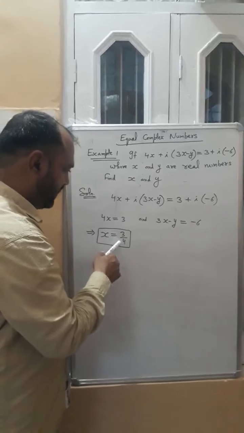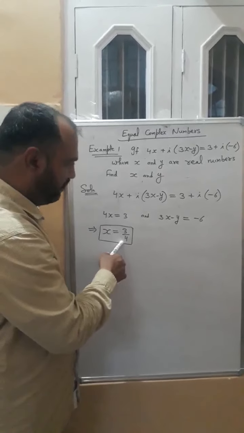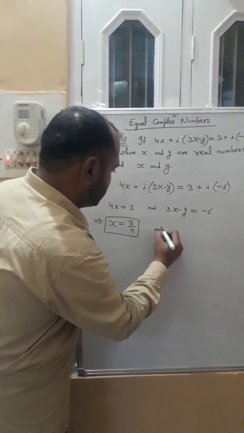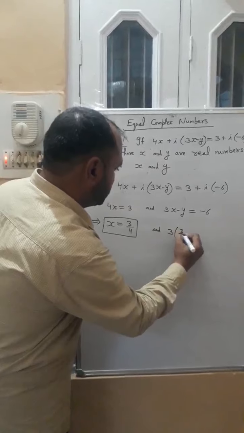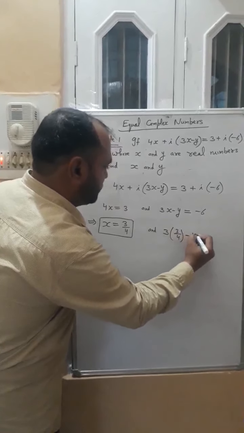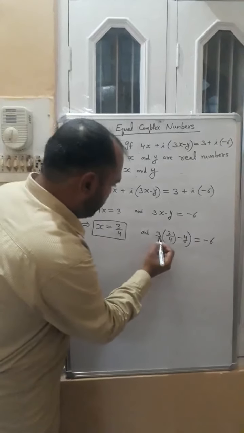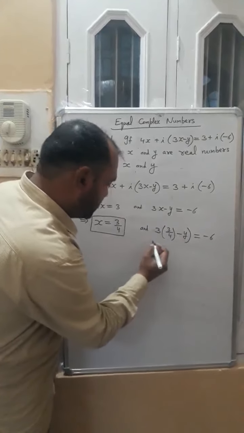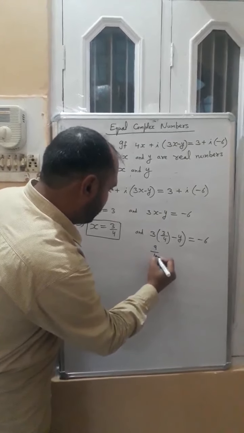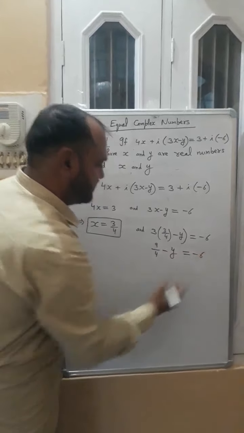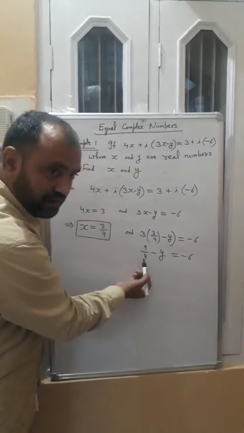Now put this value of x is equal to 3 by 4 in this equation. We get 3 into 3 by 4 minus y is equal to minus 6. So we get 3 into 3, 9. This becomes 9 by 4 minus y is equal to minus 6. Shift this y to the right hand side and shift this minus 6 to the left hand side.